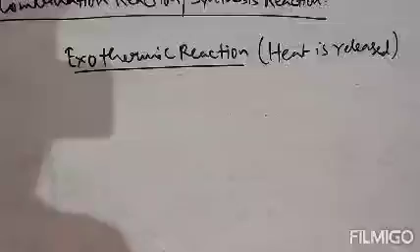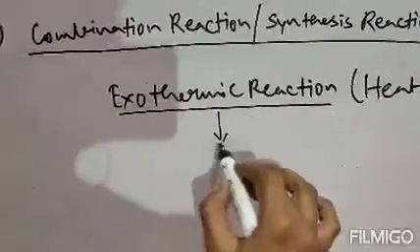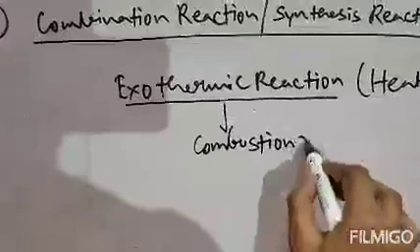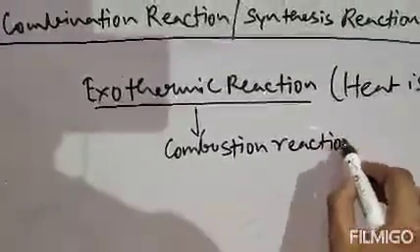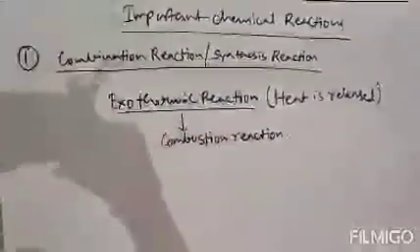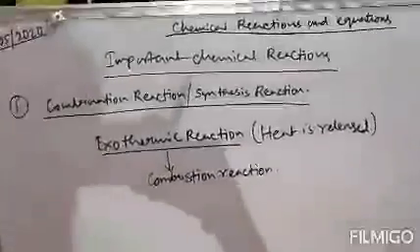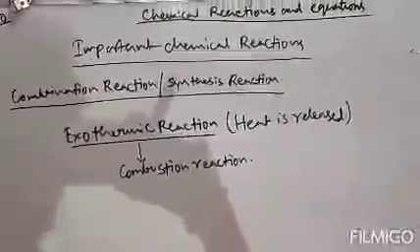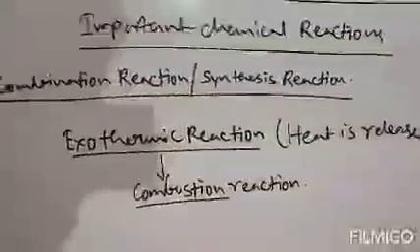Clear? Now, exothermic reaction, particularly we will talk about combustion reaction. Exothermic reaction means combustion reaction. We know that a reaction where heat is released is an exothermic reaction. So exothermic reaction will be like combustion reaction. Now what do you mean by combustion?